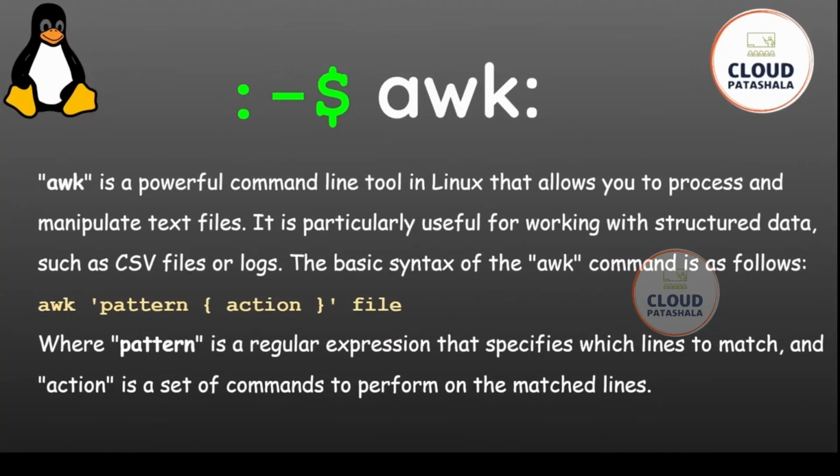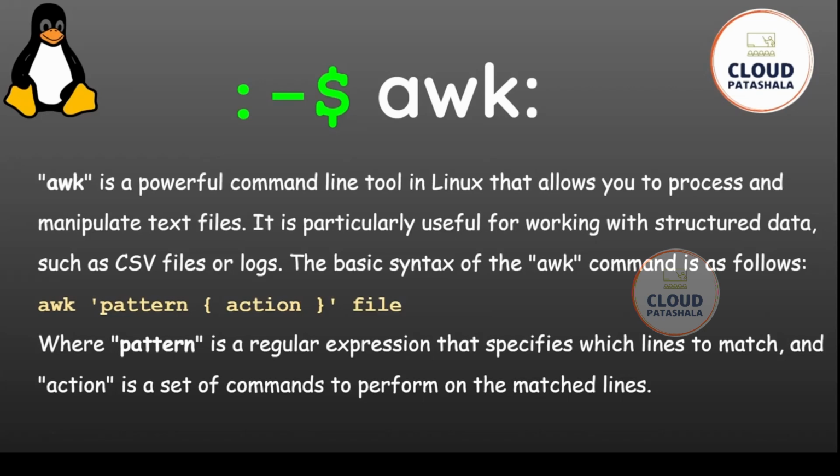The awk command is a powerful command line tool in Linux that allows you to process and manipulate text fields. It is particularly useful for working with structured data such as a CSV file or logs. The basic syntax of the awk command is as follows.